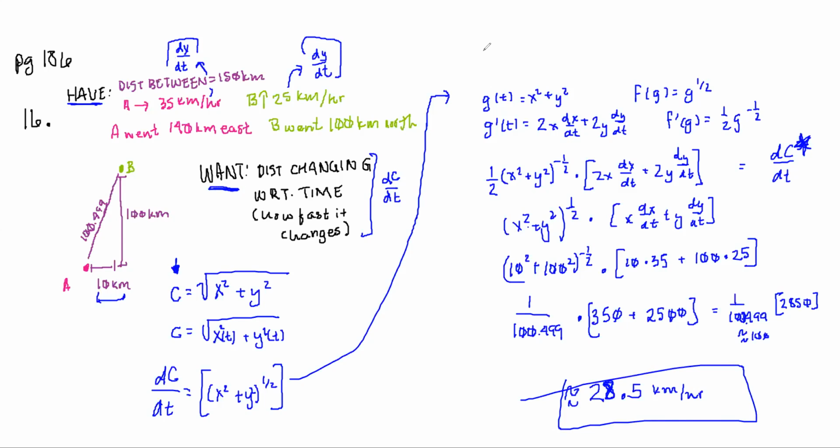A lot of the times for these optimization problems, you will be asked to differentiate with respect to time, because a lot of these problems are kind of real-world examples and involve a lot of changing over time. Okay.